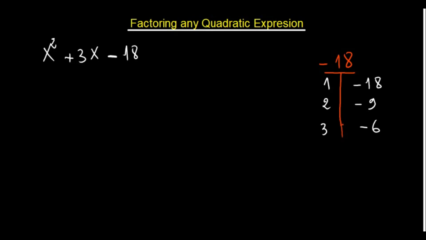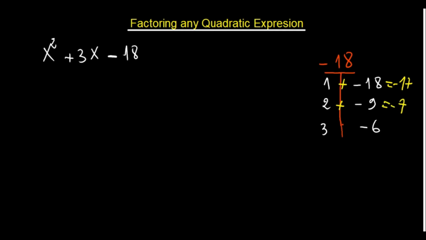Now adding them: if you add 1 plus negative 18, you obtain negative 17. If you add 2 plus negative 9, you obtain negative 7.